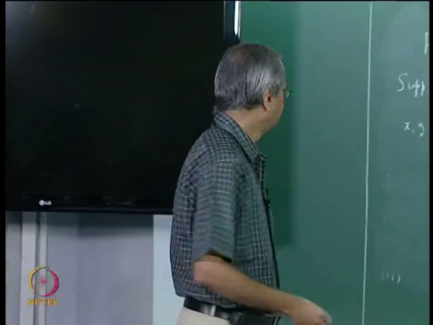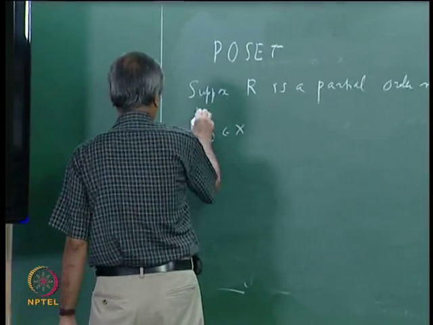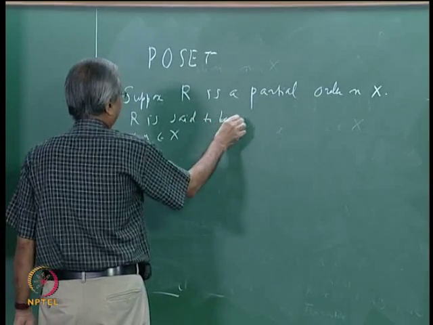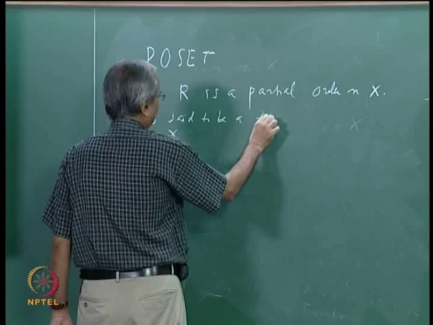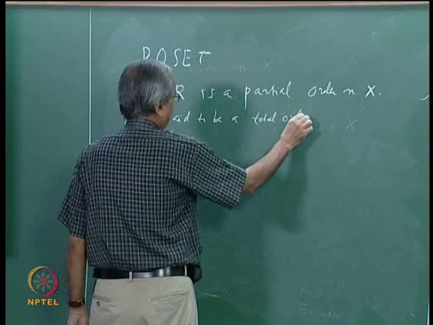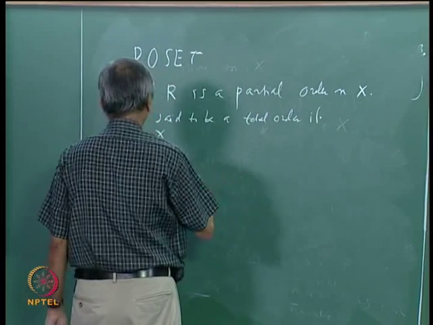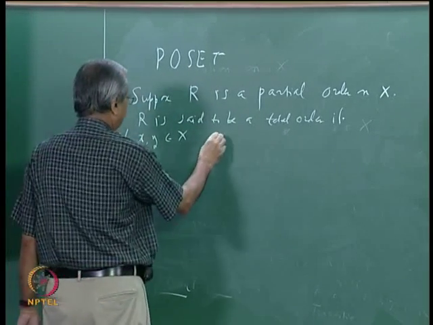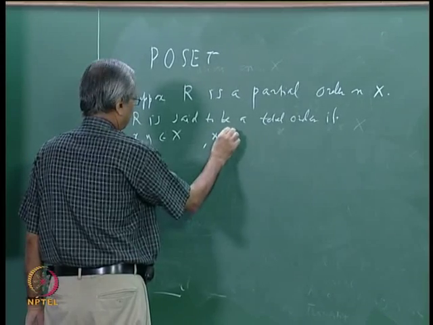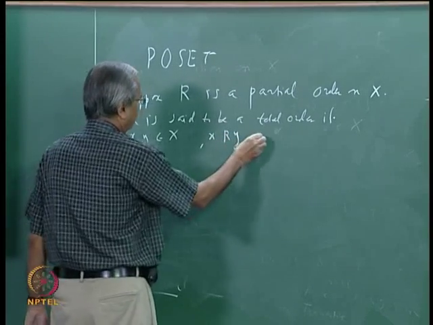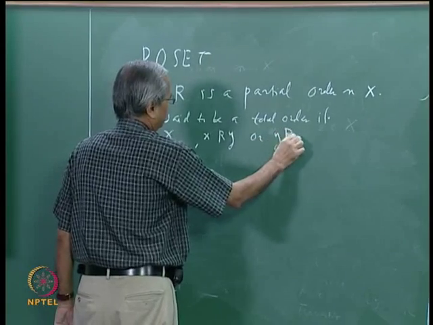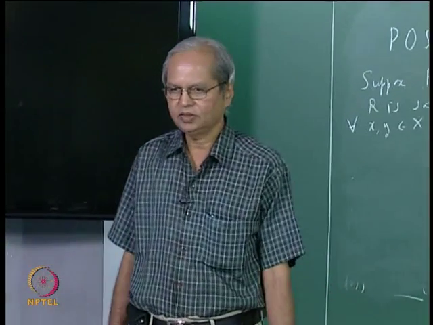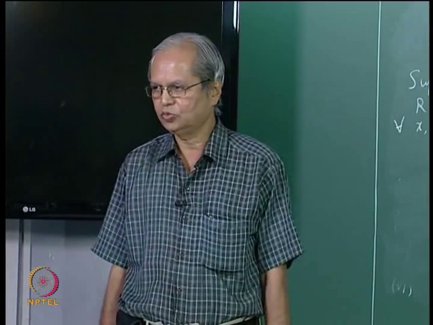So we will say that R is said to be a total order if for any given x and y in X, x is related to y or y is related to x. It cannot happen that neither of them is related to the other.